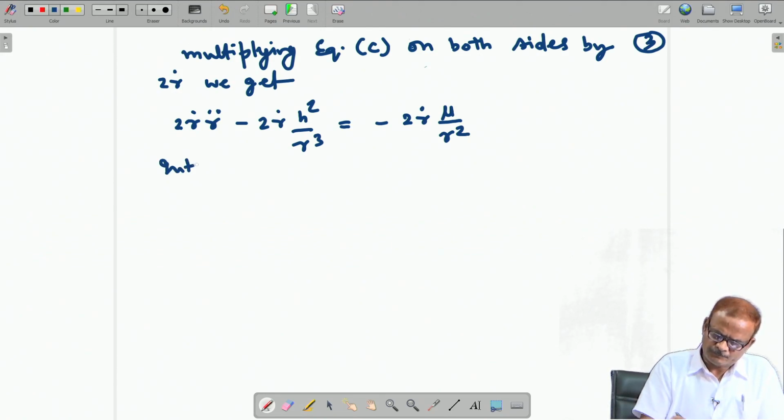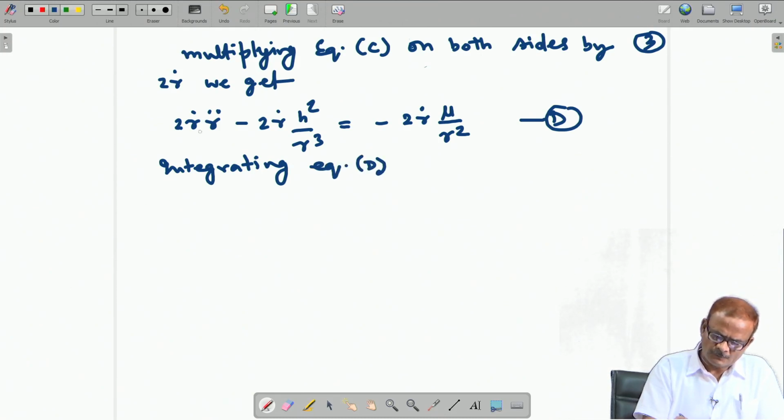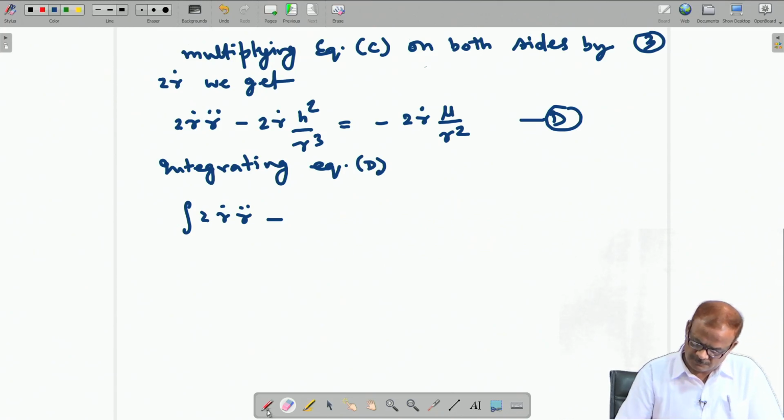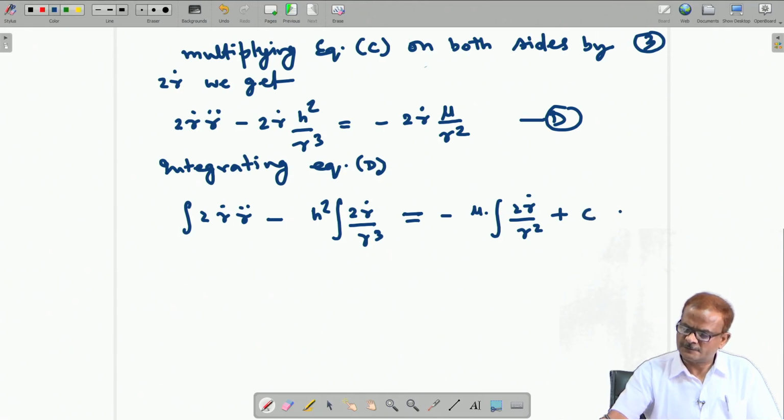So, integrating equation D: 2 r dot r double dot minus h square, taking it outside, 2 r dot by r cube, will be equal to minus mu times 2 r dot by r square plus c, which is a constant.